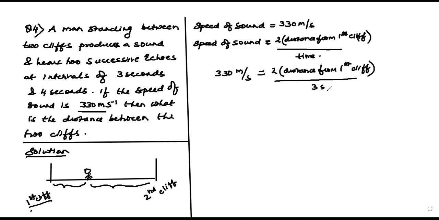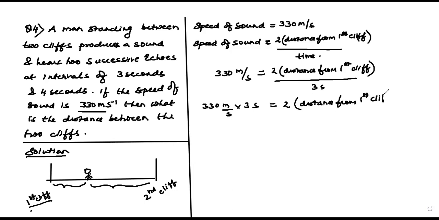Are you getting me here? So the 3 seconds goes up. So 330 meter per second into 3 seconds is equal to twice the distance from first cliff.